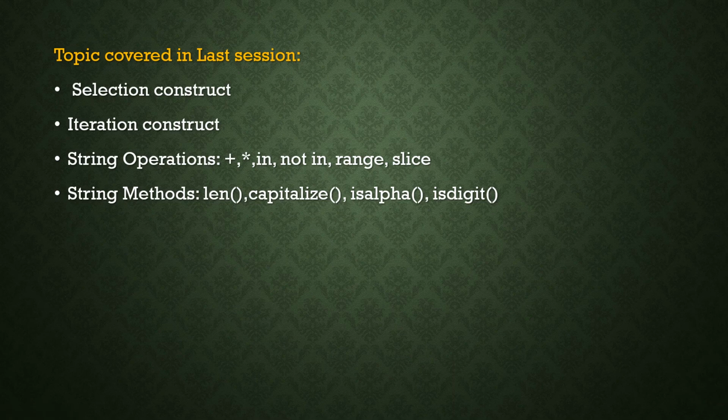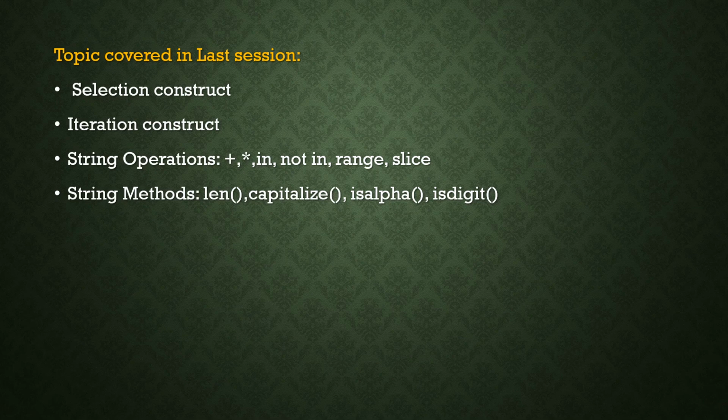Not in also belongs to the membership operators. Not in checks whether a particular string or substring is not available in the string. Both in and not in result in either true or false. Then range indicates limitation in our string.